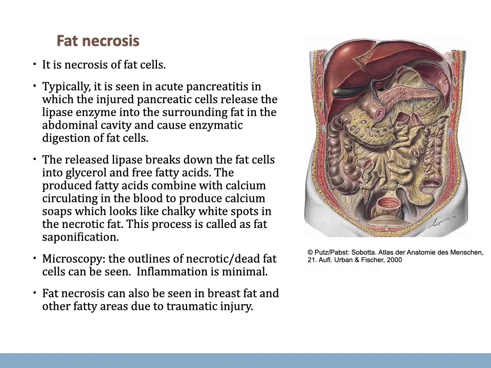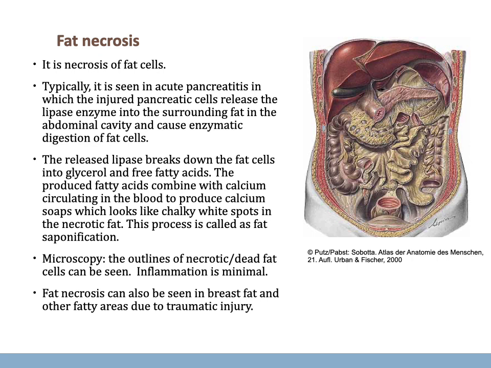Now, another type of necrosis is known as fat necrosis, and this is a special type of necrosis that involves adipocytes or fat cells. You usually see this in acute pancreatitis, where leakage of enzymes from the pancreas, particularly lipase, is released into the abdominal cavity and digests the fat.